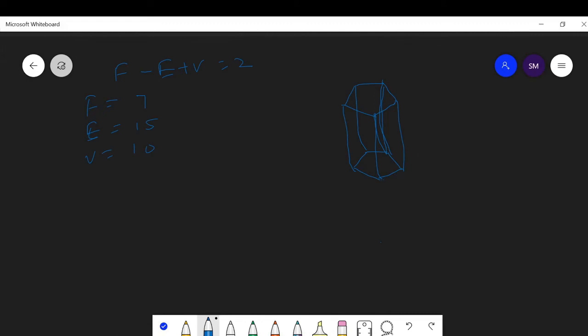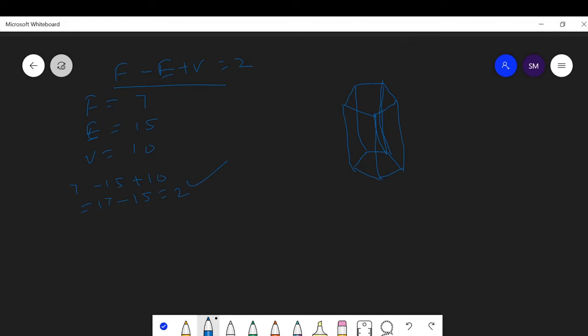Then apply Euler's formula: 7 minus 15 plus 10, which is equal to 17 minus 15, 2. Yes, this satisfies Euler's formula.